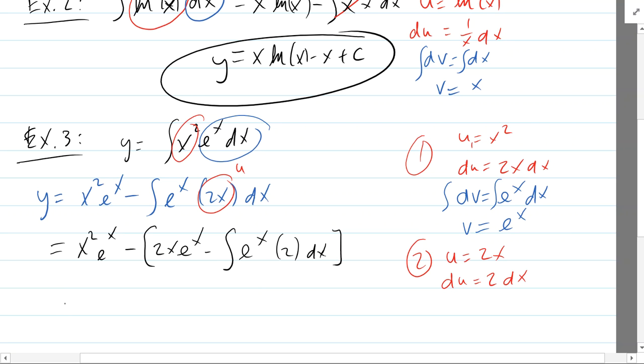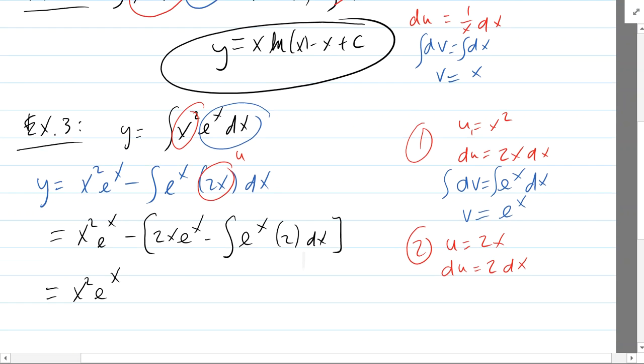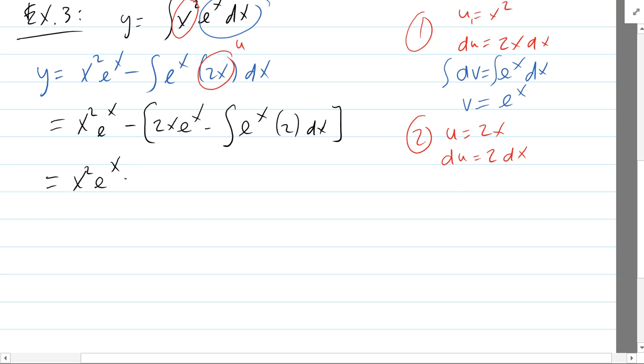We're going to distribute the negative signs. Notice it was minus the first time, but it's minus again. Does that make it positive now? You'll see why that's important in a minute. It's going to alternate signs. So x squared e to the x minus 2x e to the x plus 2 integral of e to the x dx.